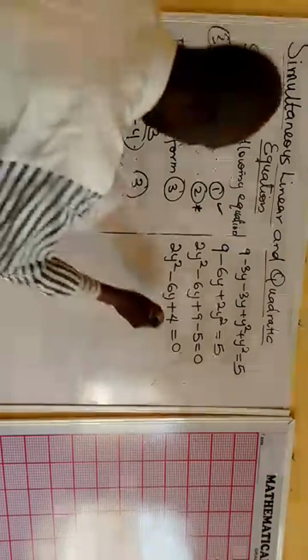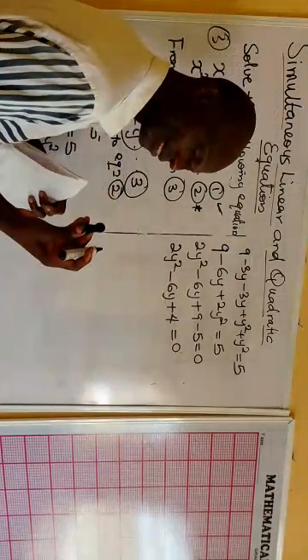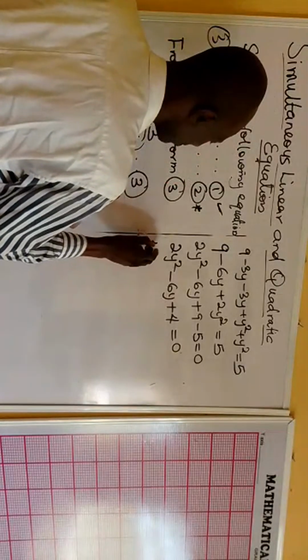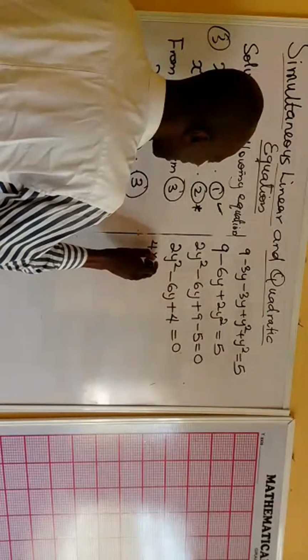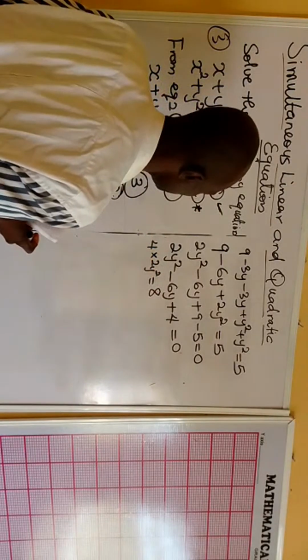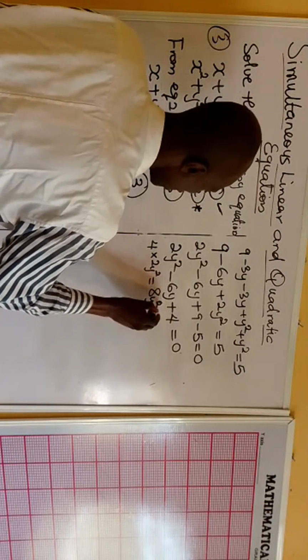Let's use the last term to multiply the first term. The last term here is 4, times 2y squared is equal to 8y squared.